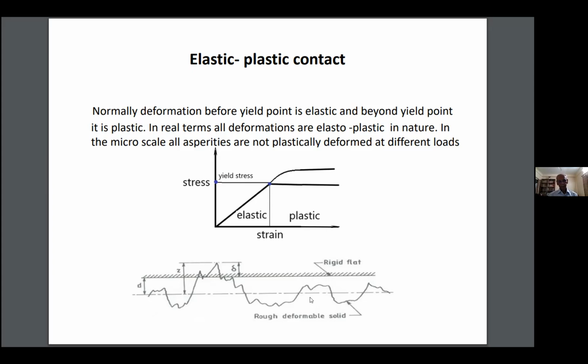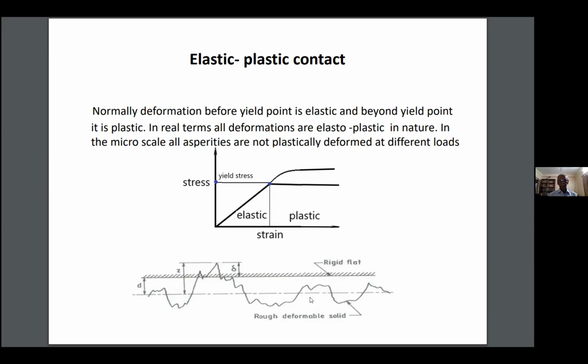And there have been many theories and investigations carried out in this respect, but this is a simple way I like to present this. We cannot categorically say that when the two surfaces are coming into contact, this contact is elastic, this contact is plastic, because no material is absolutely plastic or absolutely elastic.